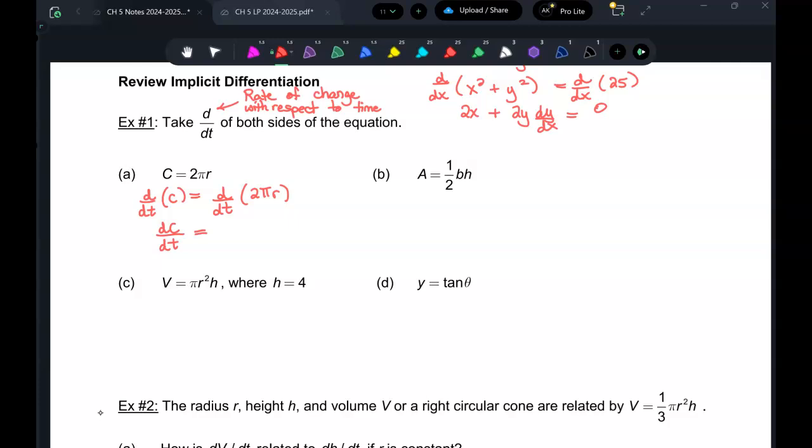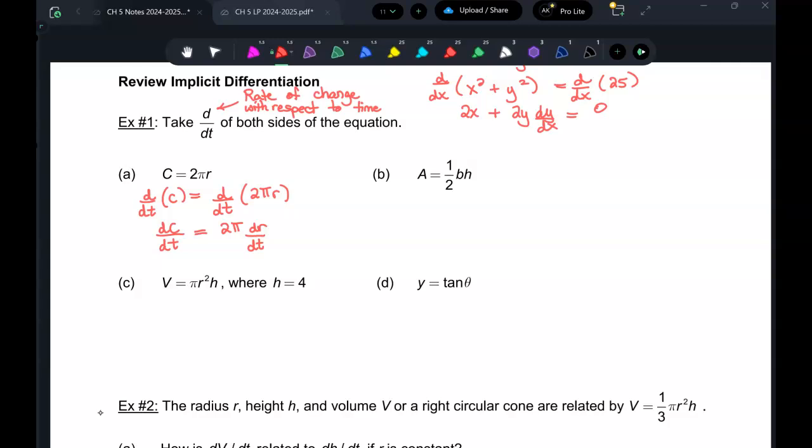You need to know how to do this before we lead into the other stuff. What's 2 pi? 2 pi is just a coefficient, so it's just going to be 2 pi dr dt. Why do you put dr dt?